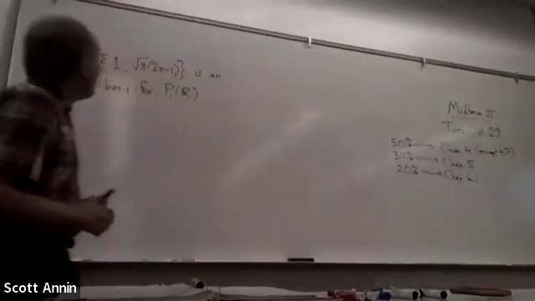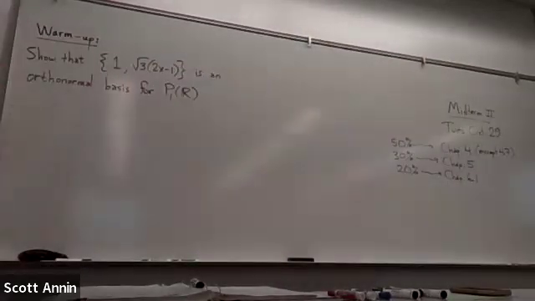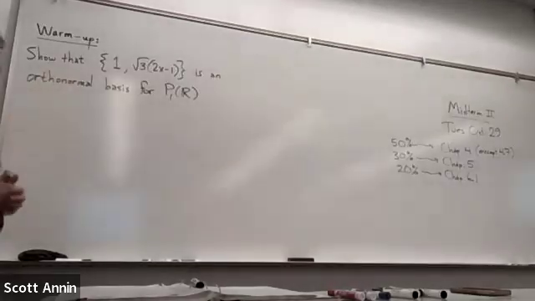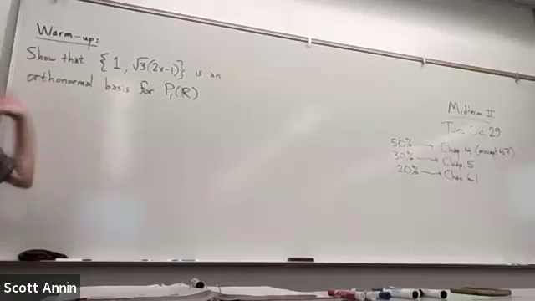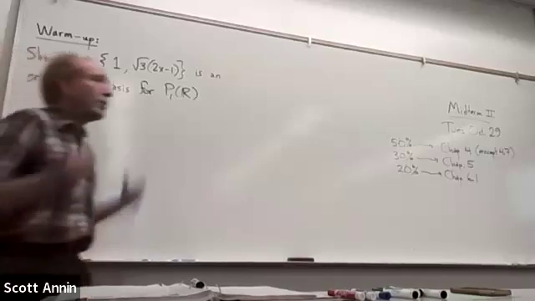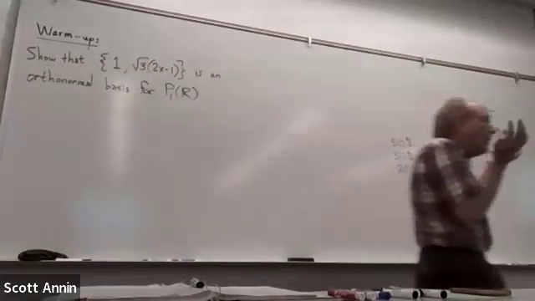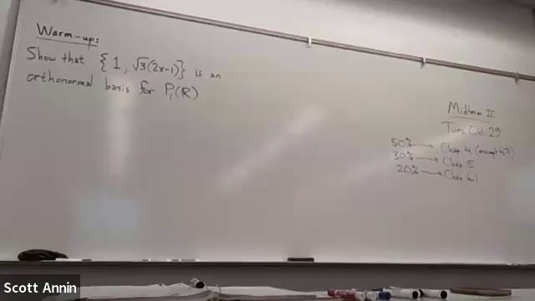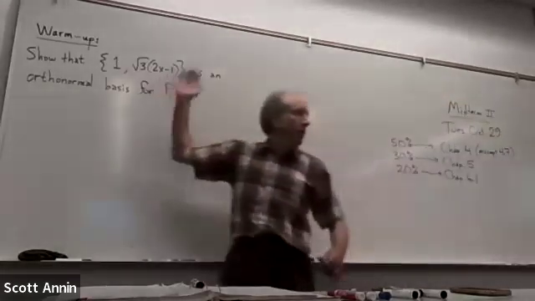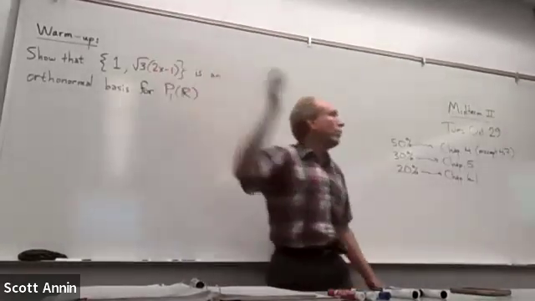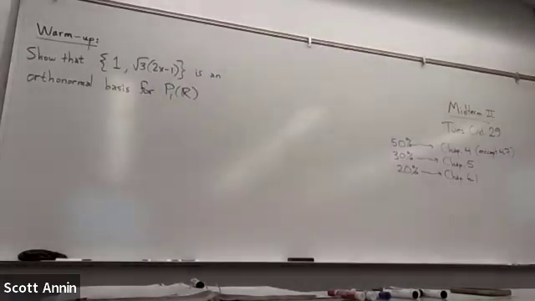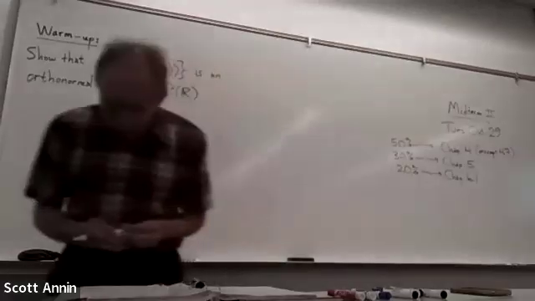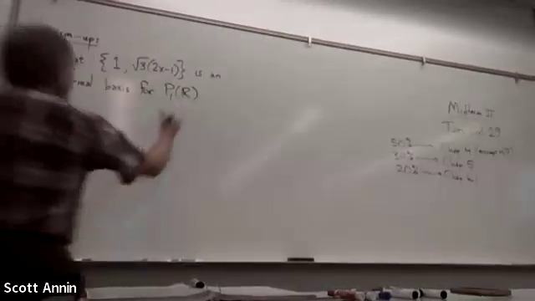But in this example, there was no inner product given, and so this question doesn't make sense. If I gave you this question on a test and it looked just like this, you would all be scratching your head saying, wait a minute, I don't know what inner product I'm supposed to use. So how am I supposed to know if my vectors are orthogonal or orthonormal or not? We can't know those things unless we have an inner product to allow us to evaluate. So I'm going to add a little bit more to the question.